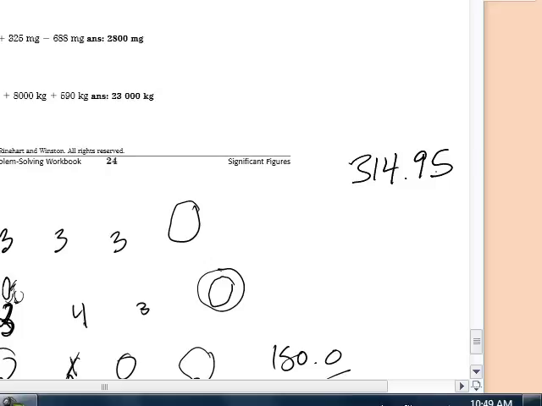No. So neither can my answer. So I can only have as many digits as I have past a decimal. And I don't have a decimal at all in 28. So my answer can't have a decimal. So I have to round up.